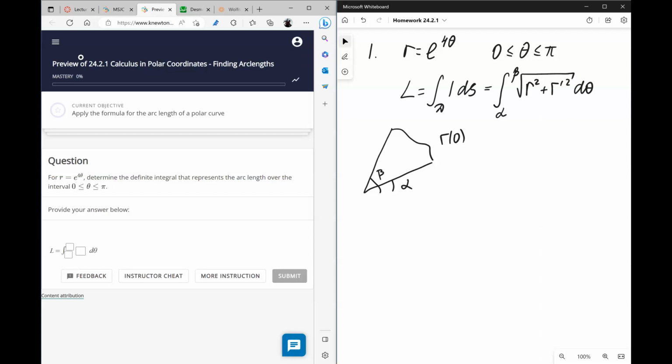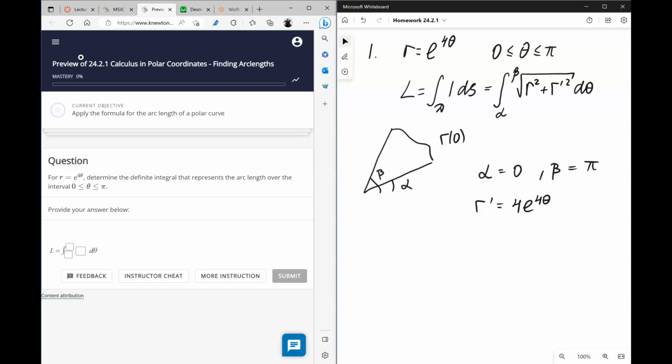In order to use this formula, we have to identify alpha and beta. It seems like alpha is 0, beta is pi, and we're going to find r prime. So r prime is just 4e to the power 4 theta.